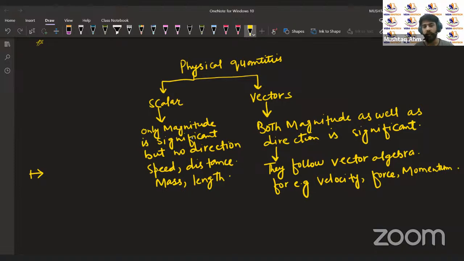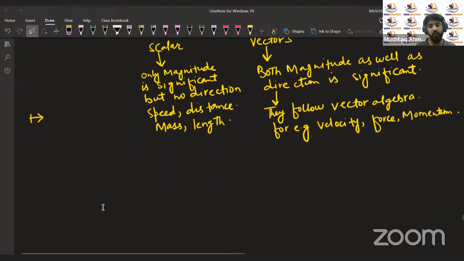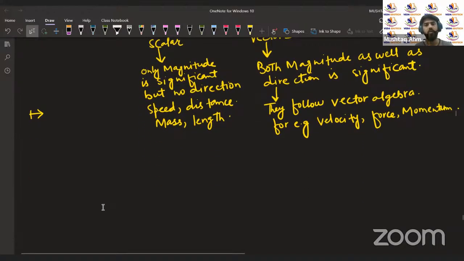If any quantity does not follow the vector laws of addition or subtraction, that quantity cannot be a vector. Even if a quantity does not have a direction, or even if the quantity does not follow the vector laws of addition and subtraction, we can clearly say that the physical quantity is not a vector.